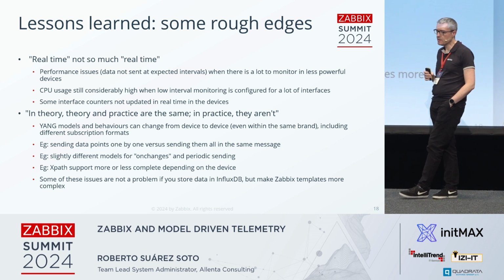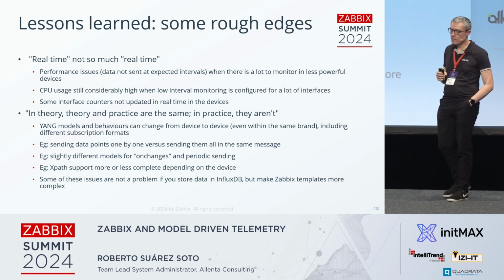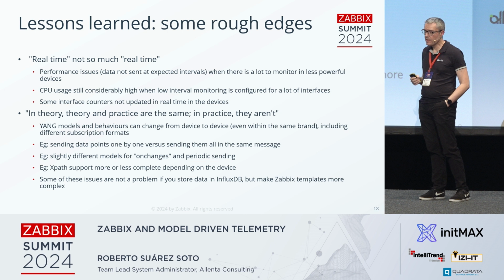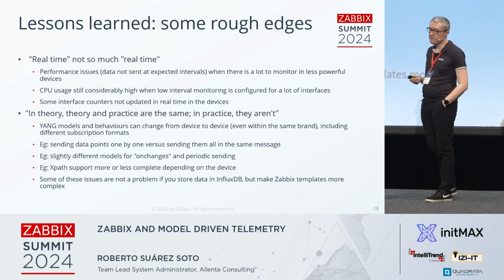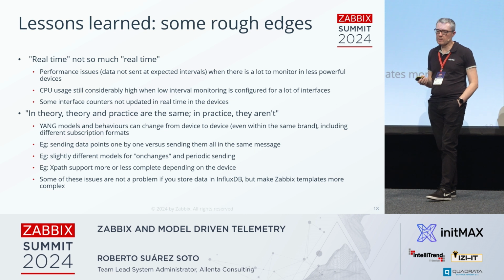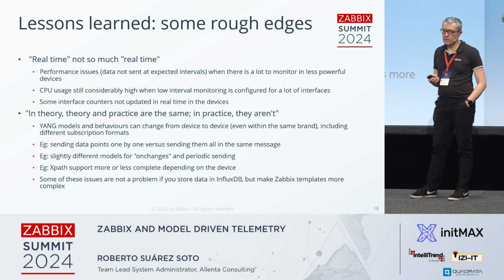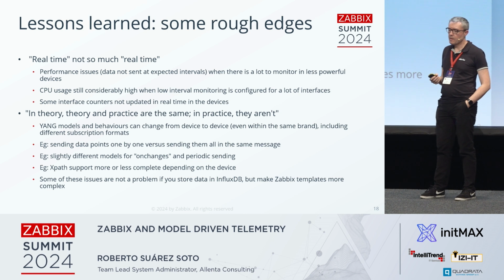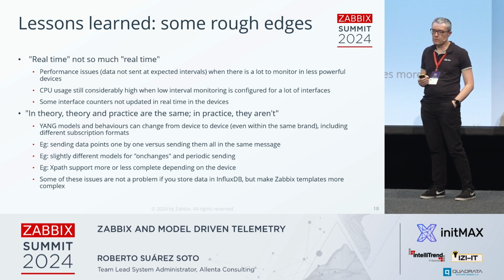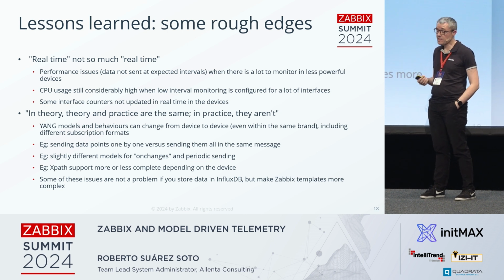Real time is not really so much real time when you really go down to it, because we found that some devices couldn't provide the data as fast as we needed. So at first, again, we wanted the data every 2 seconds, but we found that some devices couldn't handle it when we asked for too many data points.